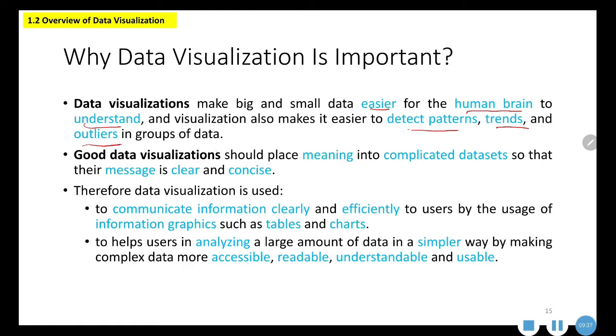So good data visualization should place meaning into complicated data sets so that their message is clear and concise. This is very important. So let's say the world is now worrying about the COVID-19 cases.